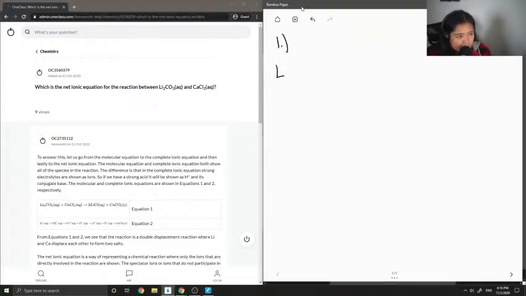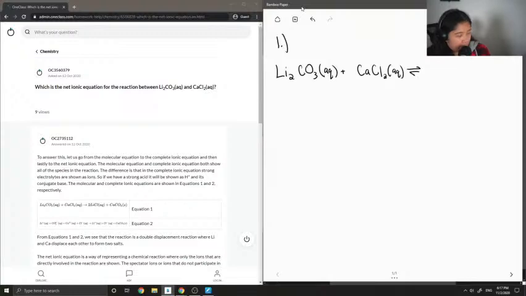I'm going to write down my lithium carbonate first, and then it reacts with calcium chloride. And typically what happens is a double displacement reaction.